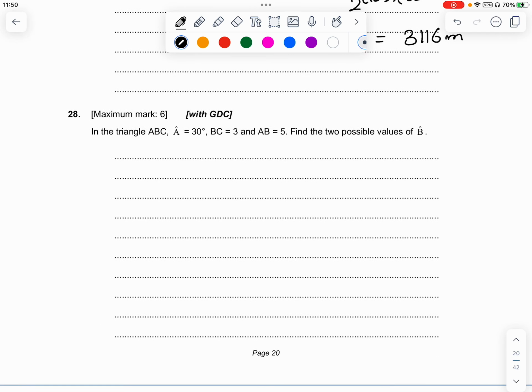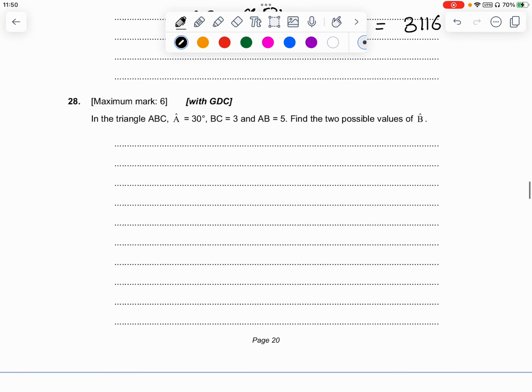Question number 28. Find the two possible values of ABC. BC is 3, AB is 5, angle A is 30.